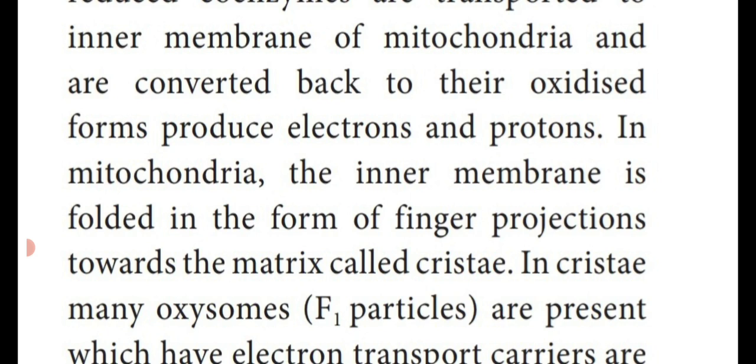So in mitochondria, the inner membrane, which has the finger-like foldings, we already saw in the structure of mitochondria, is known as cristae. It is in the form of finger-like projections facing the mitochondrial matrix.